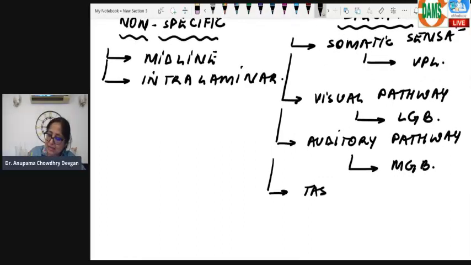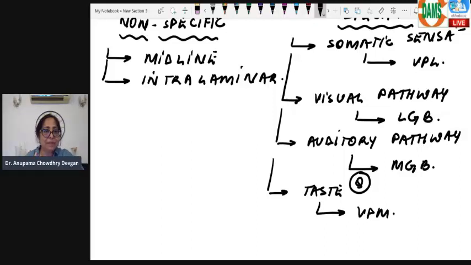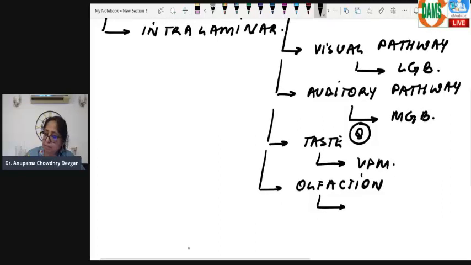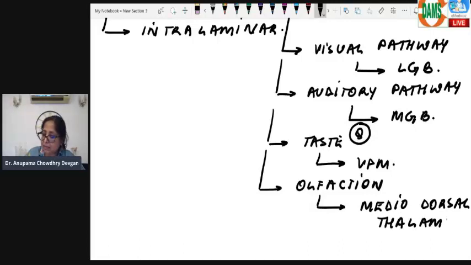For taste, this is a neat question which was asked in 2018. For taste, the thalamic relay nucleus is ventroposteromedial. For olfaction, this is mediodorsal thalamic, right?